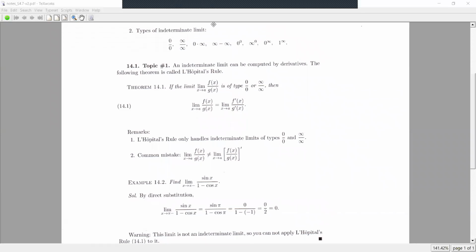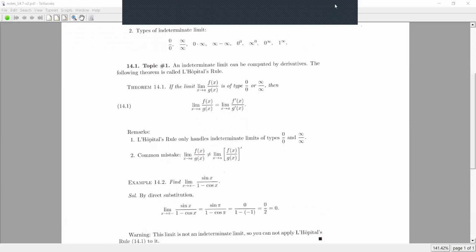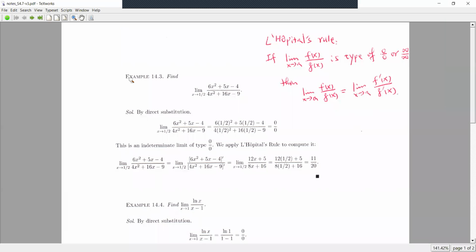Okay, more examples in the following. Example 2. Find this limit. Try direct substitution first. Plug in 1/2 for x, then the limit is this number. But this number is 0 over 0. We cannot determine it. So we turn to L'Hopital's rule.